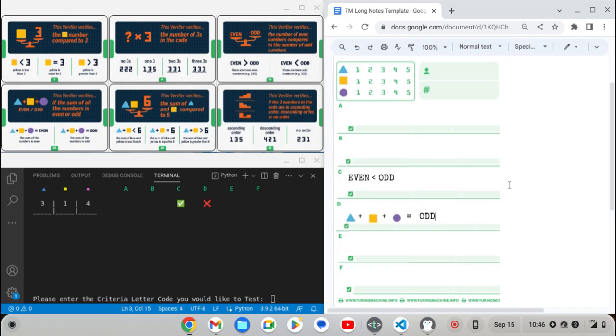When you add 2 odds together, that sum so far is even. But if you want the overall sum to remain odd, you actually have to add a 3rd odd. So that means that we're looking at an all odd solution. So that means that I can actually cross out all of the evens for triangle, square, and circle. So no evens at all.